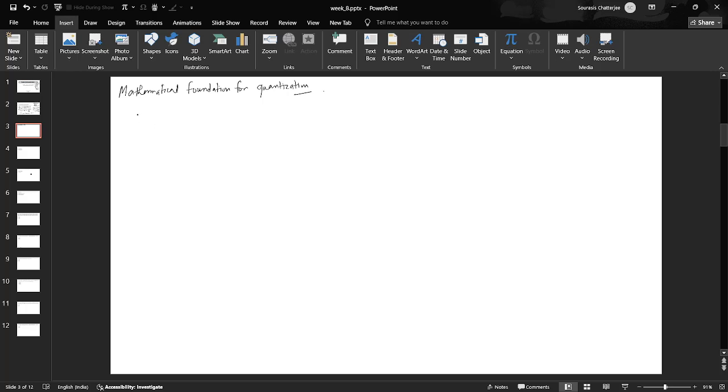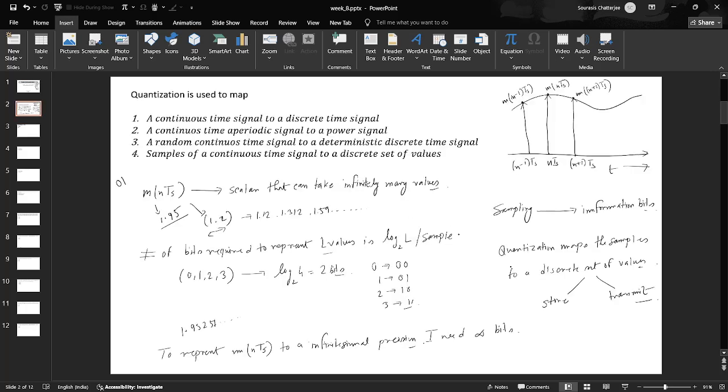Let us denote Vk, which we call the kth quantization level. Remember in the earlier slide we talked about quantization being all about mapping the sample to a discrete set of values. You can consider values as levels also. So you are mapping the sample to a discrete set of levels.